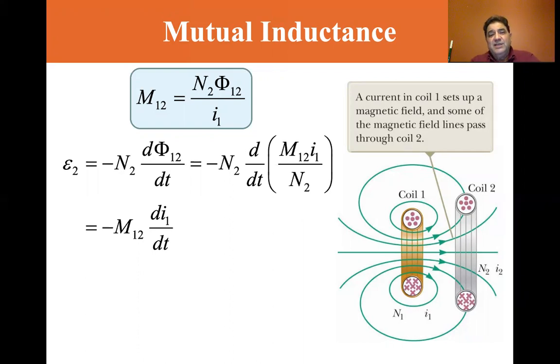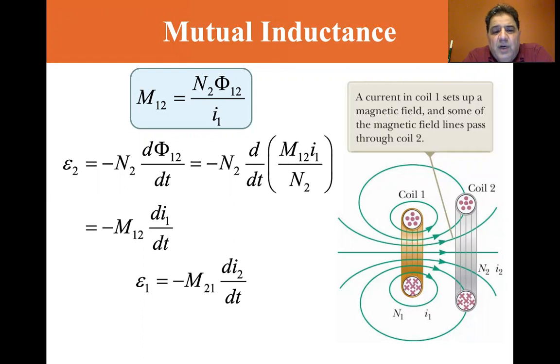And you can see that the N2s cancel. And so you're left with E2 is equal to minus M12 di1 dt.